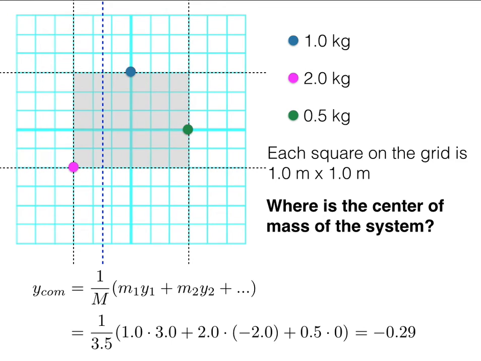The y position of the center of mass is at -0.29 meters, which is right here. And so that red X represents the position of the center of mass for this set of objects. You can see that it is indeed in the gray region, and it's closer to the pink object, which is the most massive one in the system. And so that seems like a reasonable result.